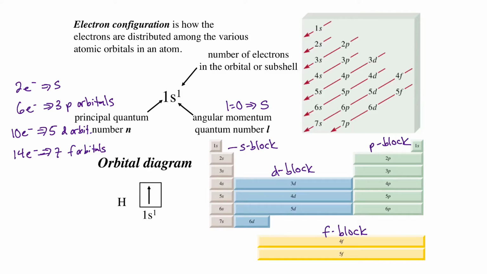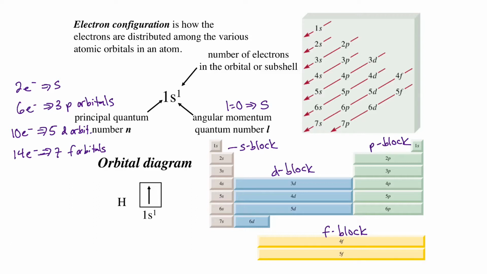Another way that we can represent our electrons in our orbitals is using something called an orbital diagram. These are going to come in real handy when we start to try to predict reactivity and trends in our atoms.